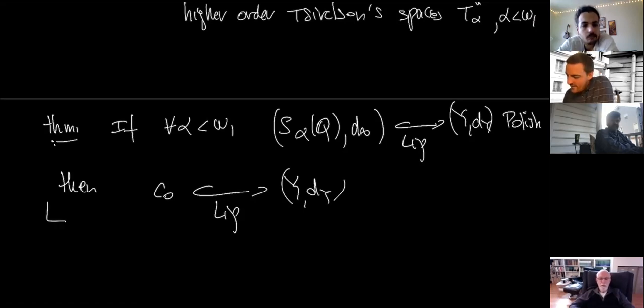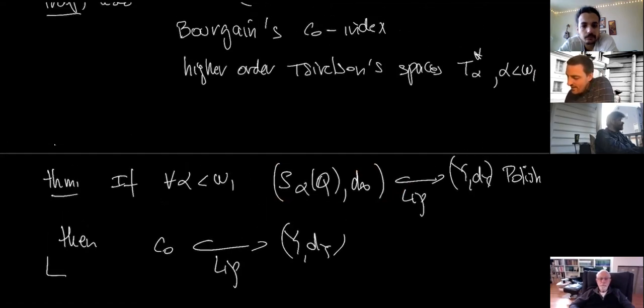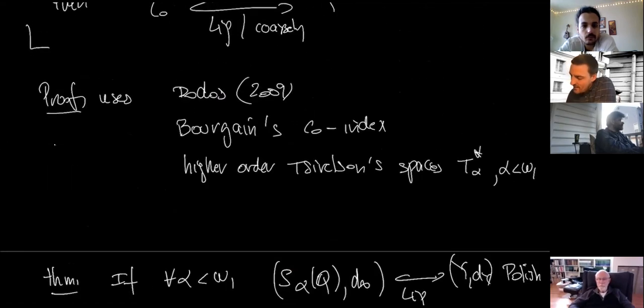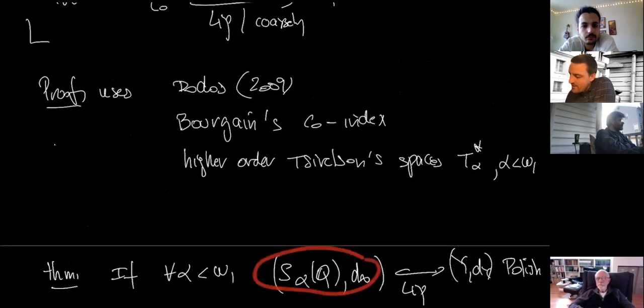Now, this object is a metric space. These metric spaces actually embed by Lipschitz maps, in a fairly natural way, into the higher order Tsirelson spaces T alpha star.